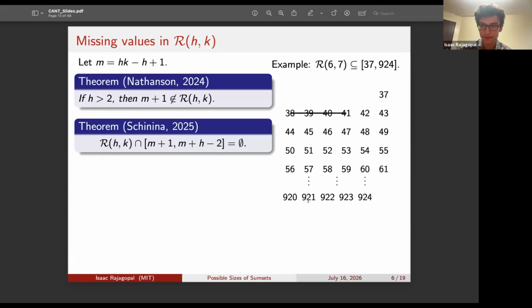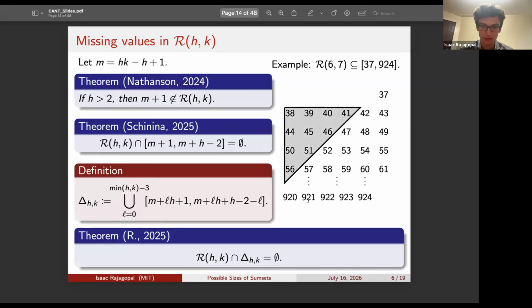And in my work, I was able to extend this missing interval to a missing triangle. So you can ignore the definition in red. It's kind of an annoying computational formula for this triangle. But the way you should visualize this is we have rows of length h, and we put m in the top right corner.